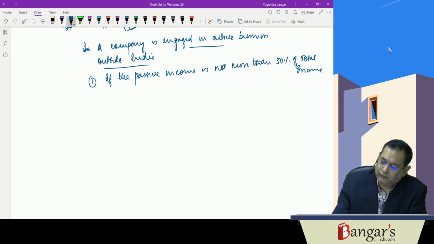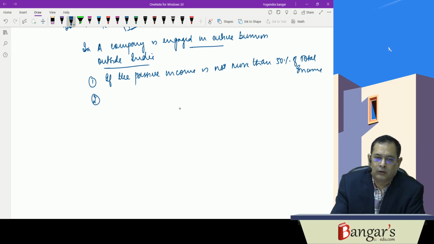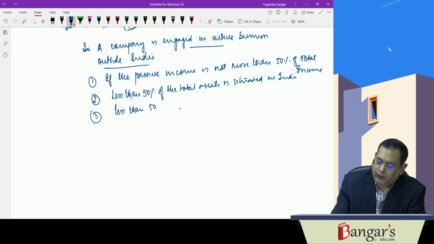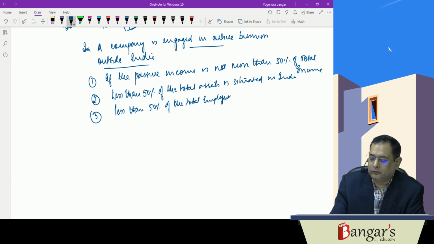Number two, less than 50% of the total assets are situated in India. Number three, less than 50% of the total employees are situated or resident in India.